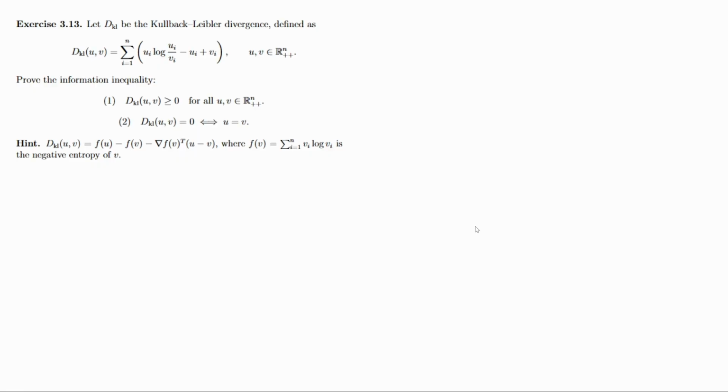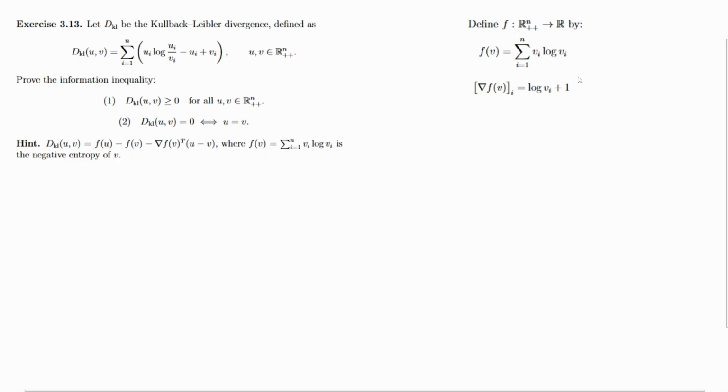Okay, so now let's look at the function more closely in the hint. First, we define some function f, which is the negative entropy here. So the hint is essentially asking us to use this as our convex function. So first, let's check if this is actually a convex function. To check, we have to look at the second derivative, or the Hessian.